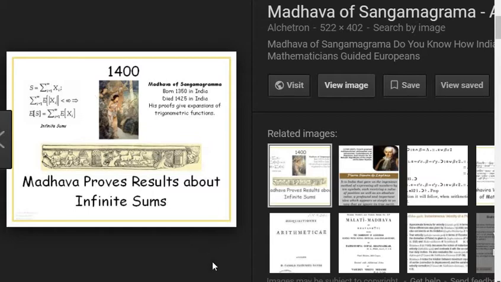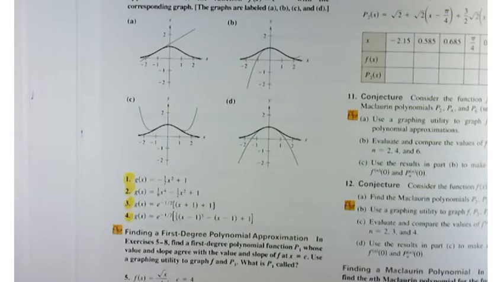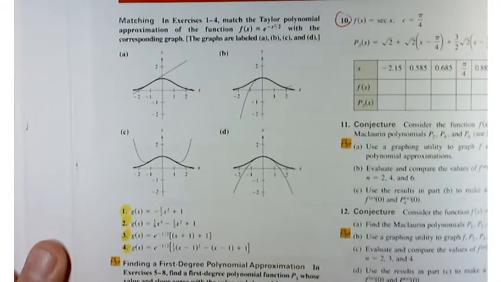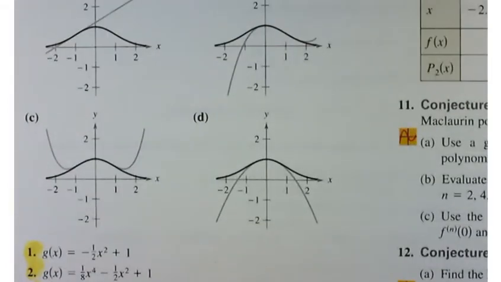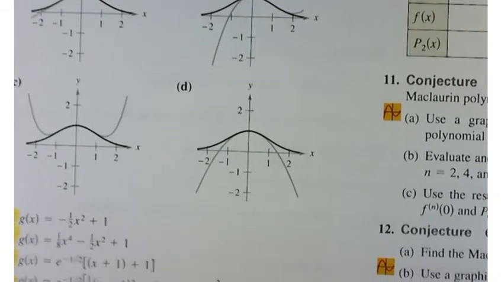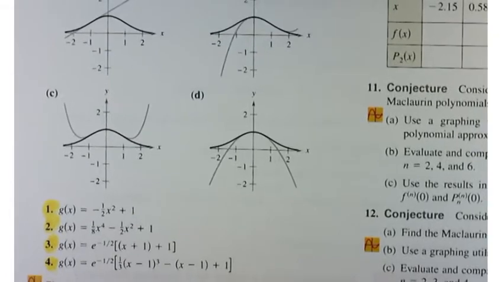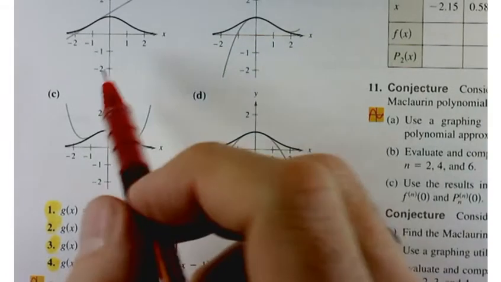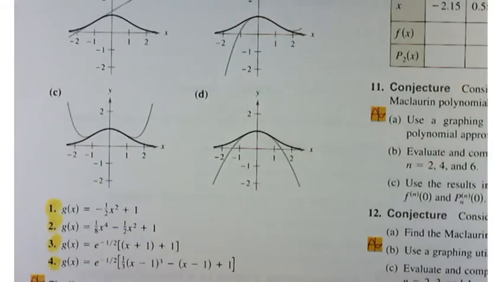So let's take a quick look at some of the early problems here. Got these functions. Let's zoom out just a little bit. So, okay. We've got this function which is e to the negative x squared over 2.